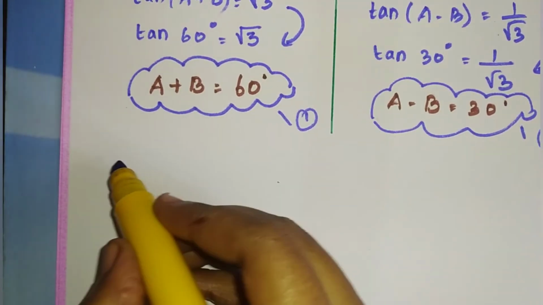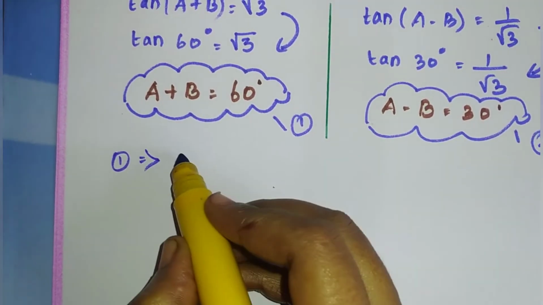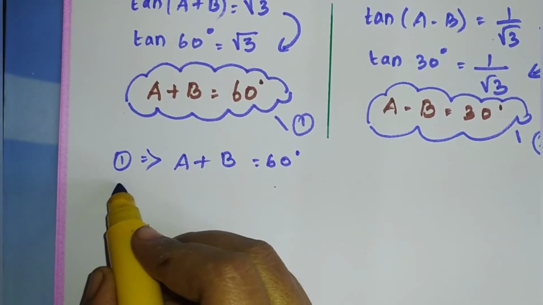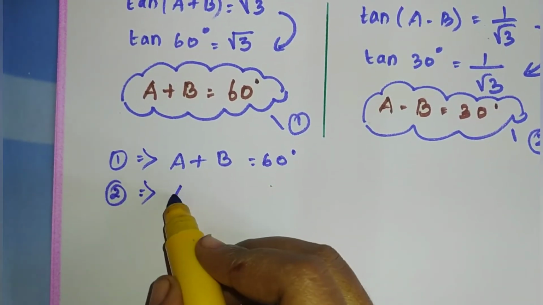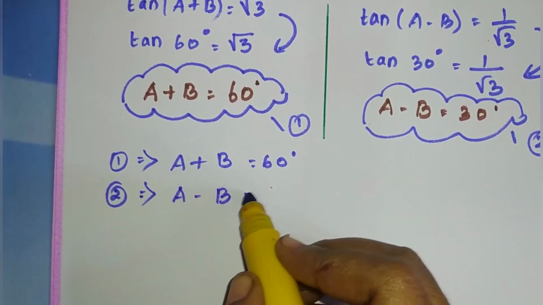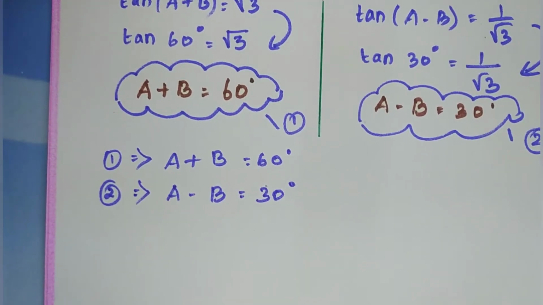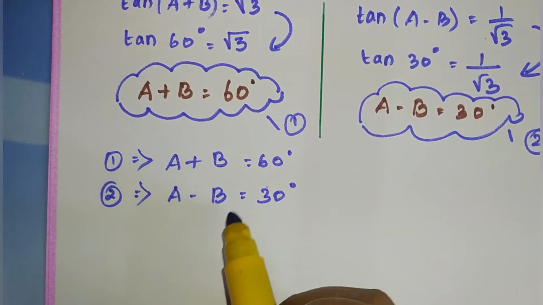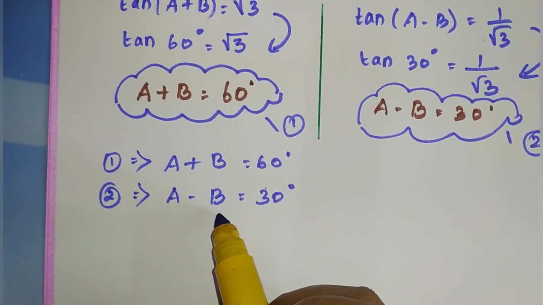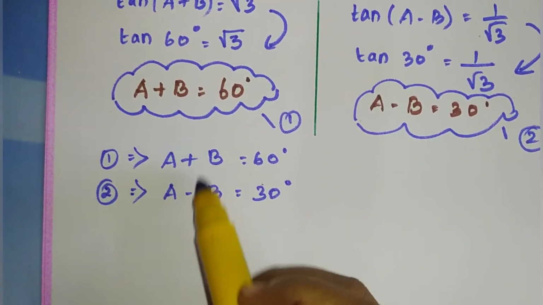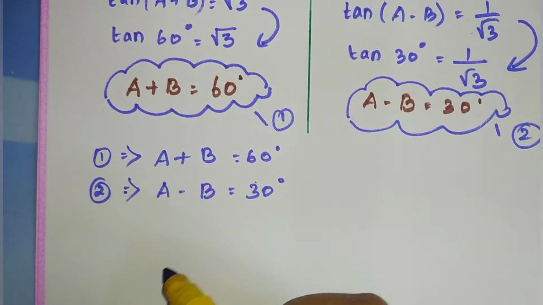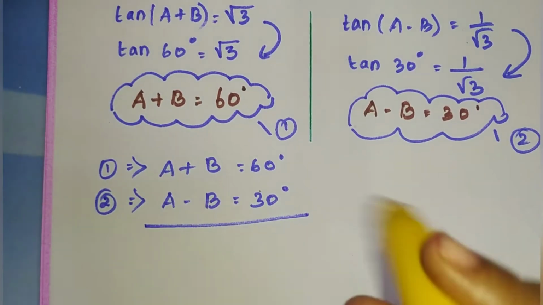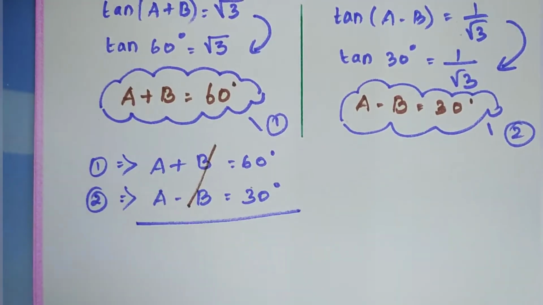Okay, first write the first equation: a plus b is equal to 60 degree, and then the second equation: a minus b is equal to 30 degree. Here no need to multiply by any number because one is positive and another one is negative, so we can cancel it straight away. Here I'm going to cancel b.